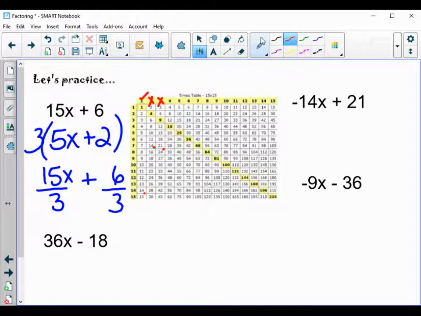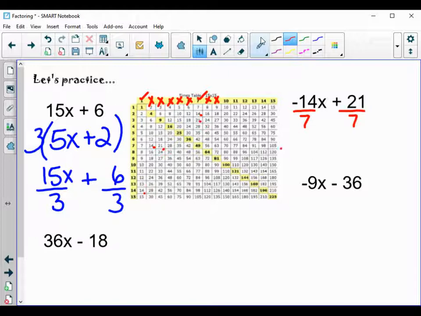Let's go to 4. Nope. 5. Nope. 6. Nope. 7, 14, and 21. 8, 9. So it's probably going to be 7. So we're going to divide both of these by 7.